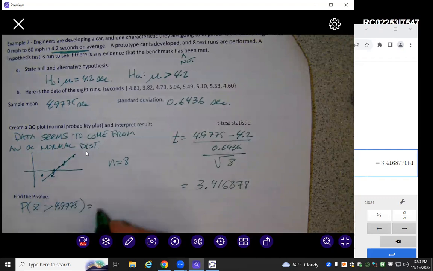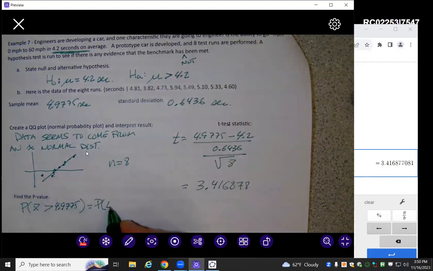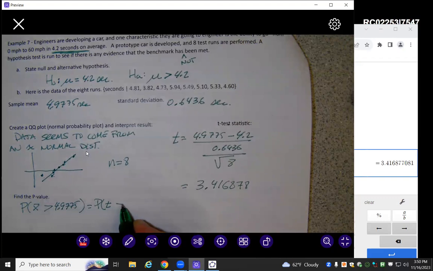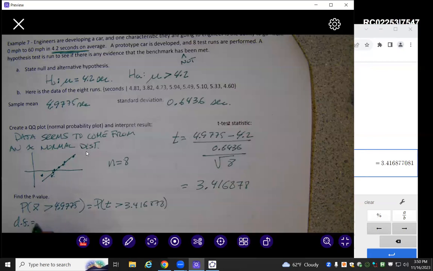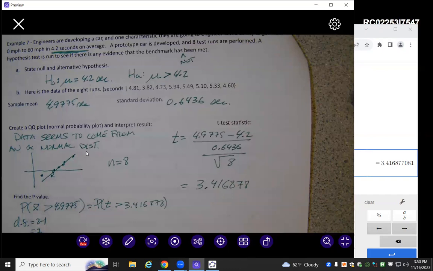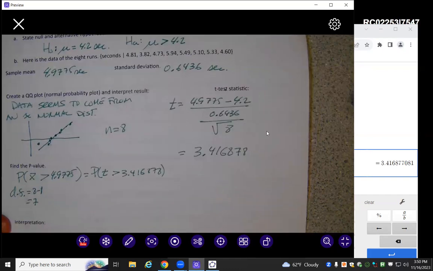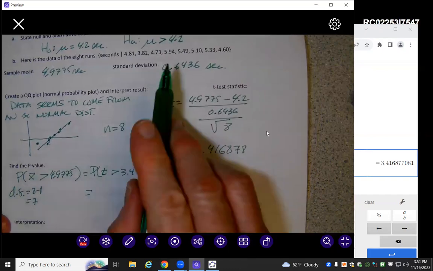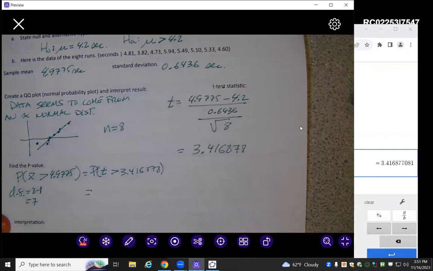Then I calculate my t value, and I get 3.416878. And again, the degrees of freedom here: it's going to be 8 minus 1. So that's 7 degrees of freedom that I'm looking at. All right. And now I'm just going to calculate. This is a one-sided test. So I'm just going to calculate.